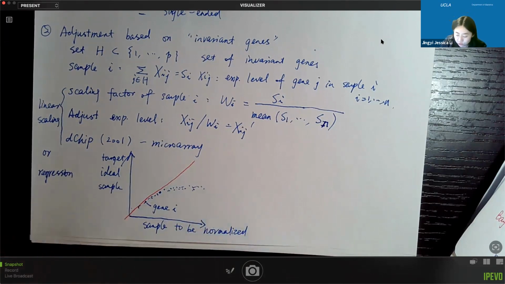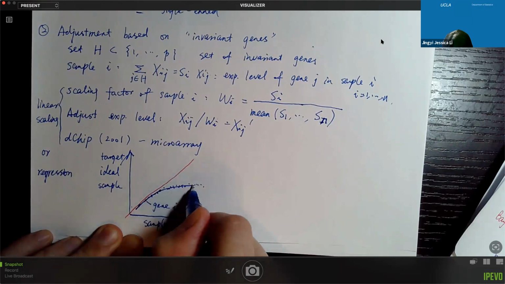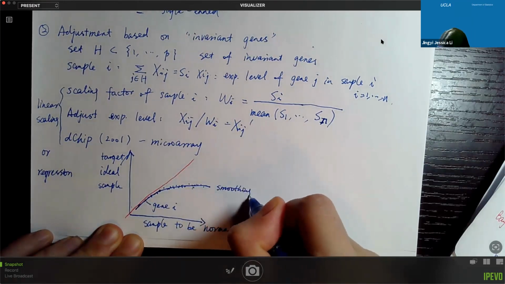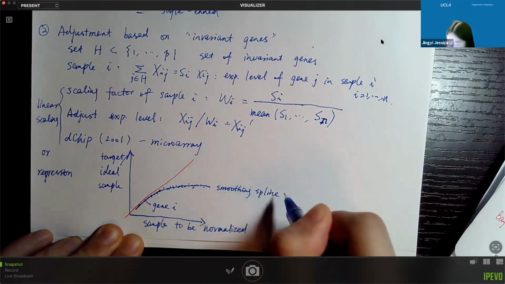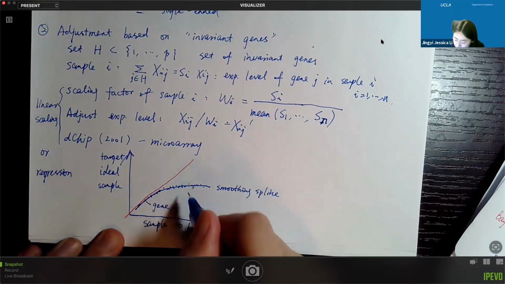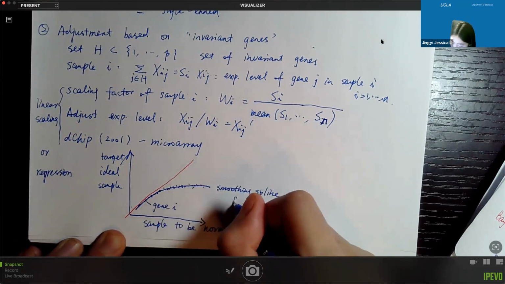One way to do that is to fit a regression line, which means that you fit a line through these points. For example, this is probably a smoothing spline or other non-parametric regression. Once you do that, let's call this f hat.